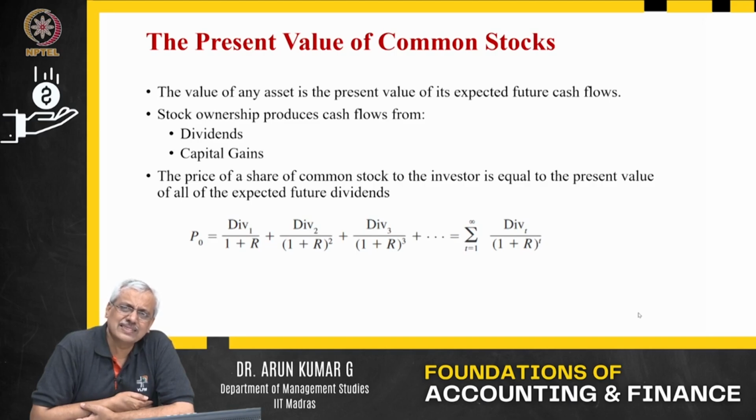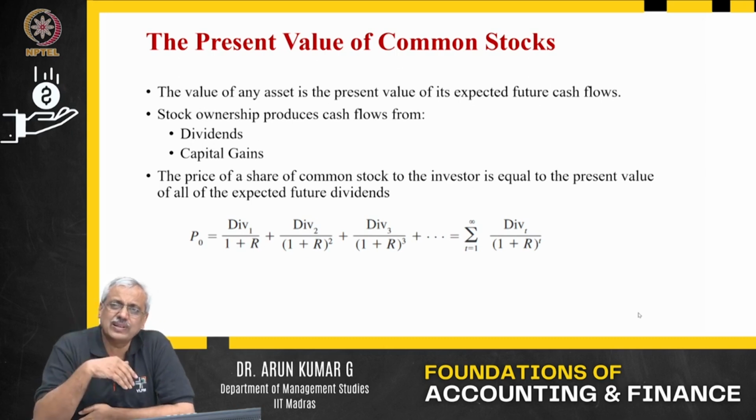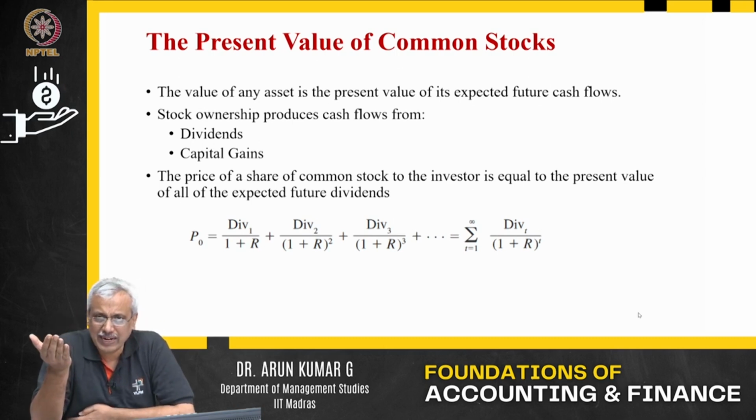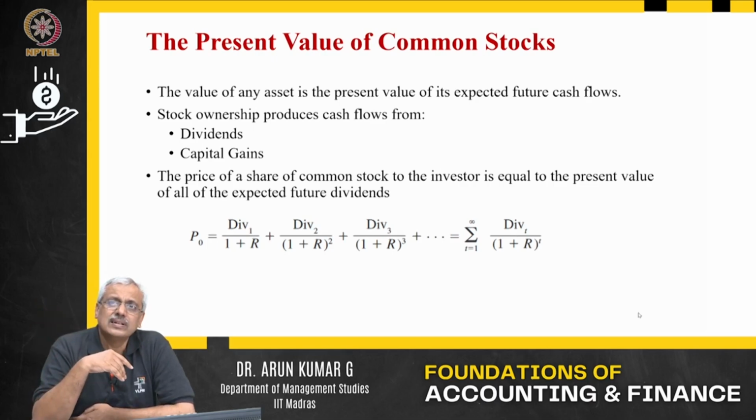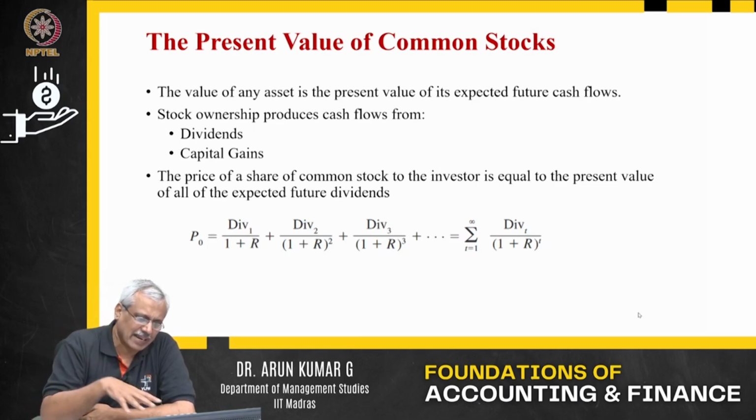The value of the stock is all the dividends that I am going to get on this stock, imagine it is a consistent dividend paying stock, from today till time immemorial in perpetuity, discounted to the rate as a value of today. That becomes the price of the stock.